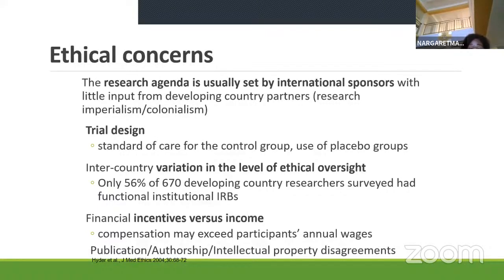Then, another challenge we have, particularly in developing countries, is that most of them do not have functional institutional review boards. In Nigeria, we call it Health Research Ethics Committees. Those are the ones that safeguard and ensure that the highest level of protection is given to the research participants so that they are not in any way exploited, particularly those who have no power of their own.